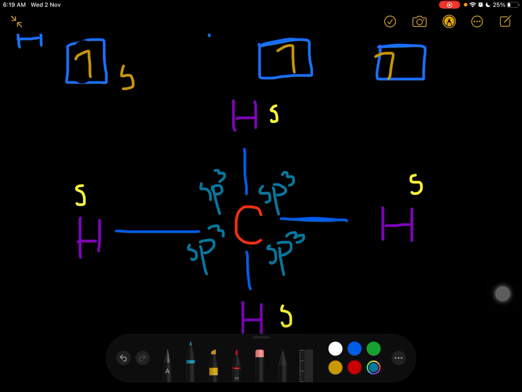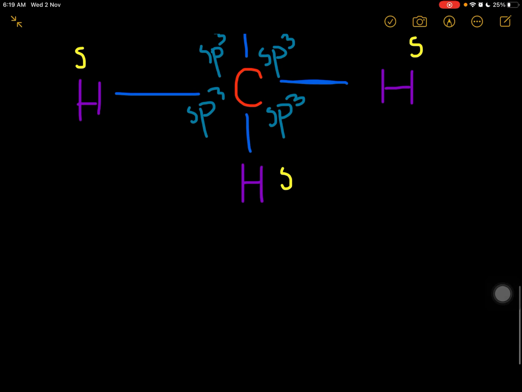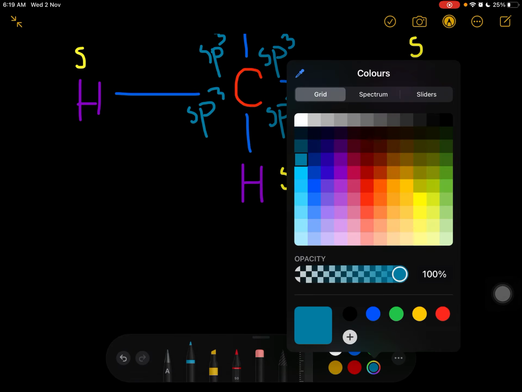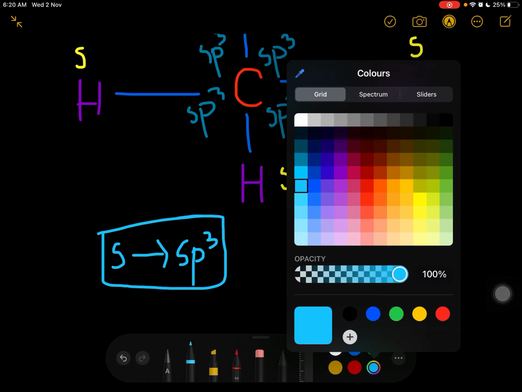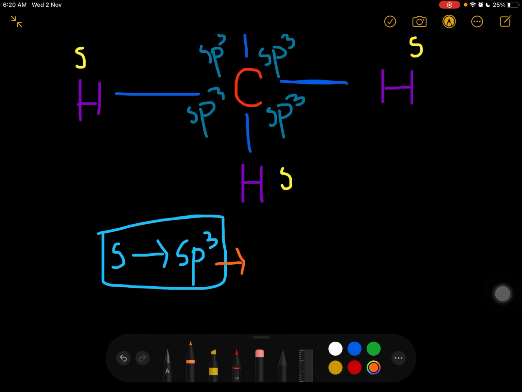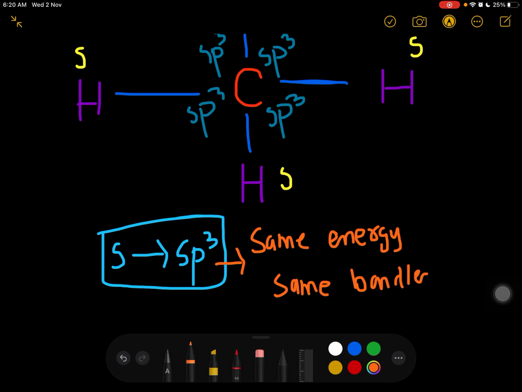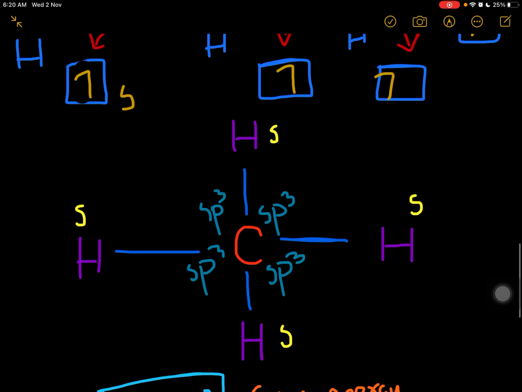So s combines with sp3. There is only one type of bond, so obviously there will be the same energy, the same bond length, and the same extent of overlapping too.